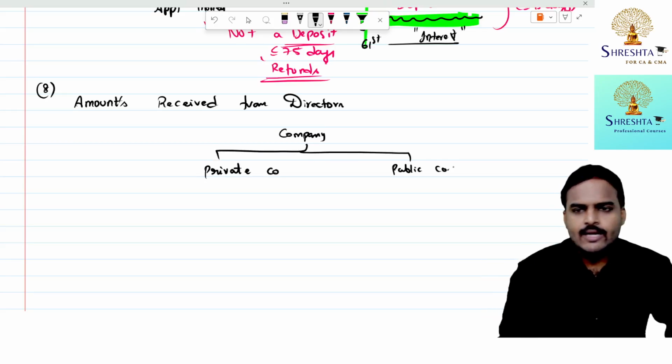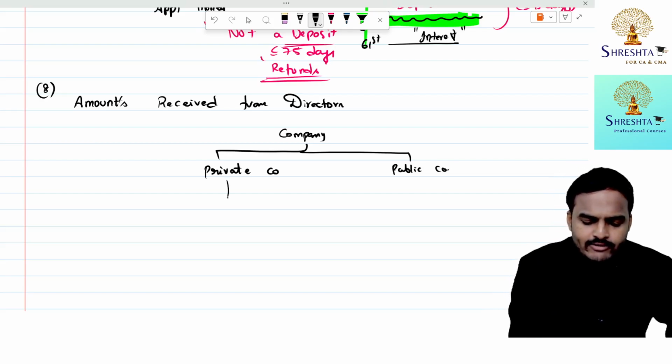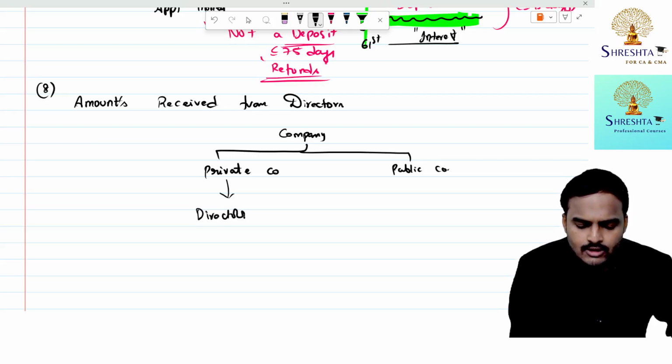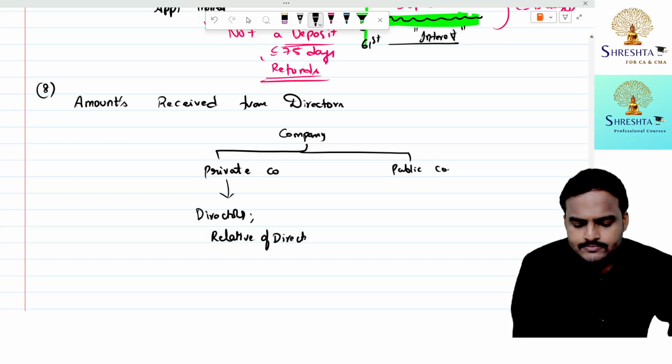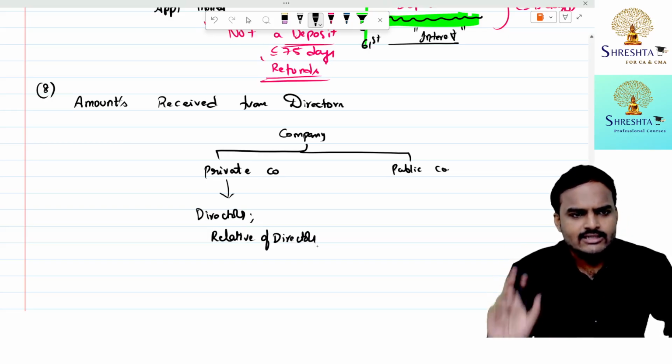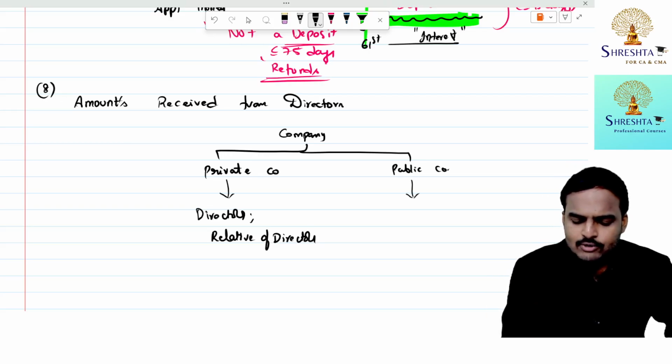A private company can accept loans from directors as well as relatives of directors. A public company can accept loans from only directors. So here, relatives of directors are not considered.